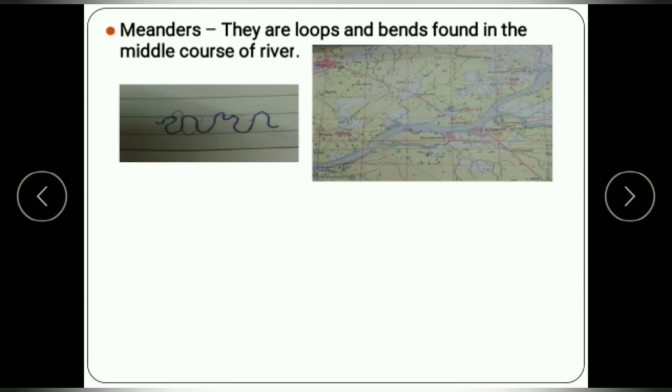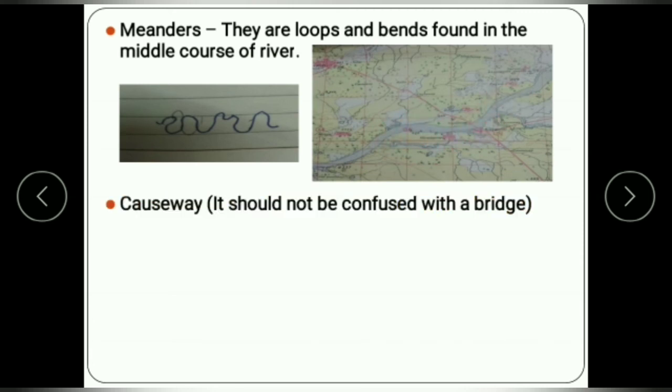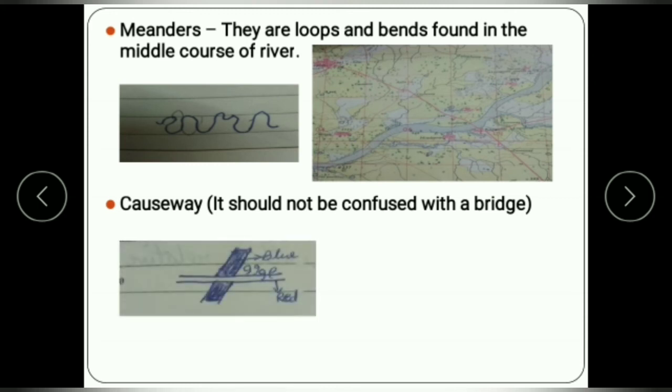Next, causeway. It should not be confused with a bridge. So causeway, the meaning you will learn about it. What is a causeway? You need to know that a causeway is just a raised platform which is made in order to protect the flood water from going to the other side.